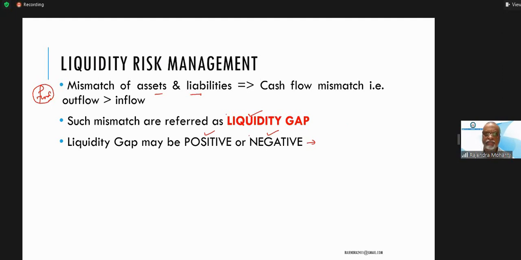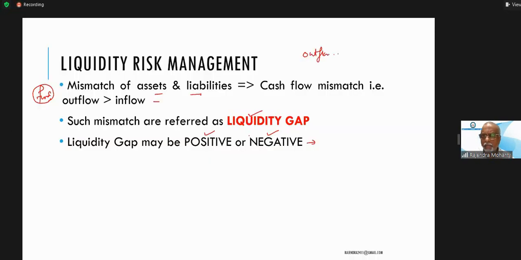So liquidity risk means outflow minus inflow, whatever the result is, that is the gap. The gap might be positive or negative. Whenever a negative gap is there, that is risky. That means you have a problem in your fund.